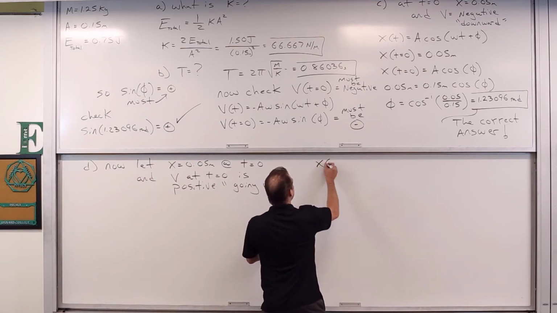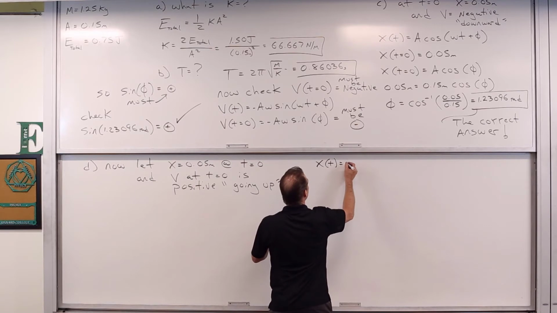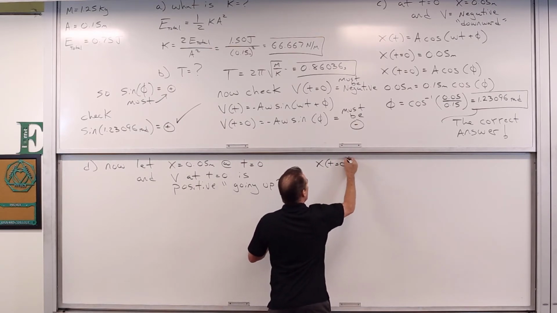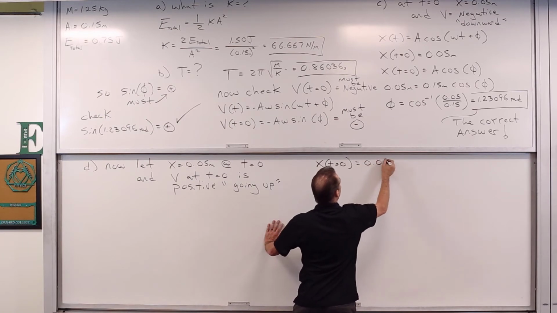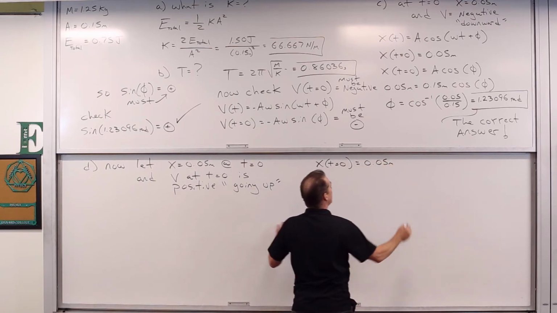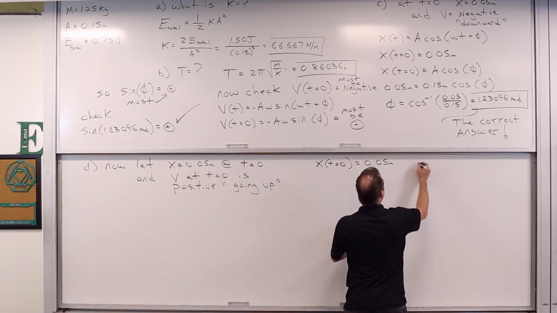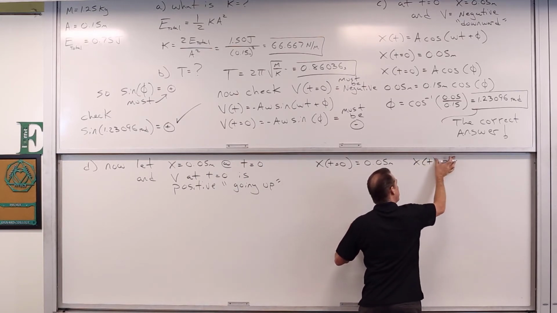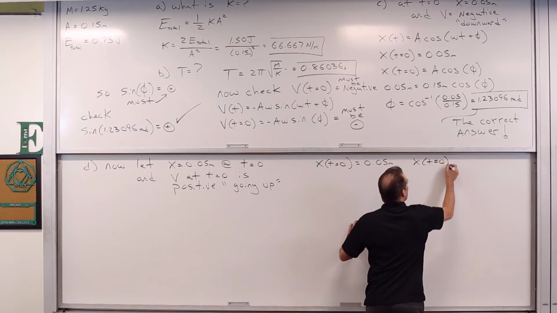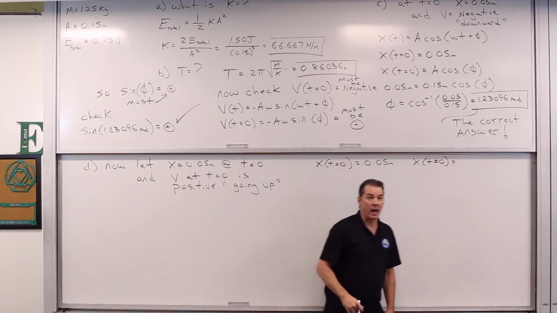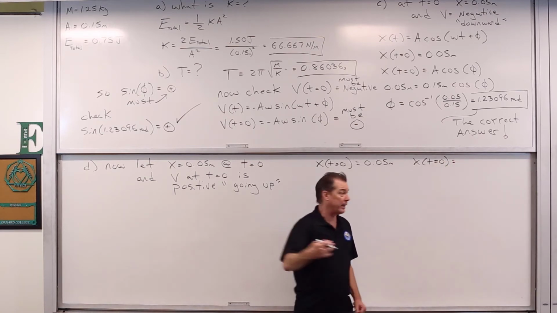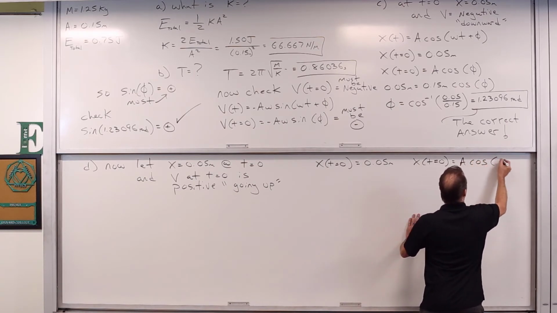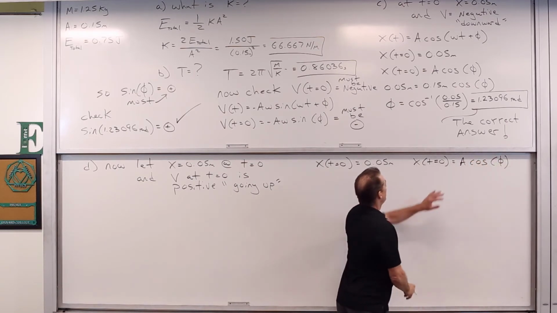So we do the same sort of thing. We've got x of t at t equals 0 must still be equal to 0.05 meters. We're still above the equilibrium position. And x of t at 0 is equal to A times the cosine of omega t plus phi evaluated at t equals 0, which just gives us A times the cosine of phi.